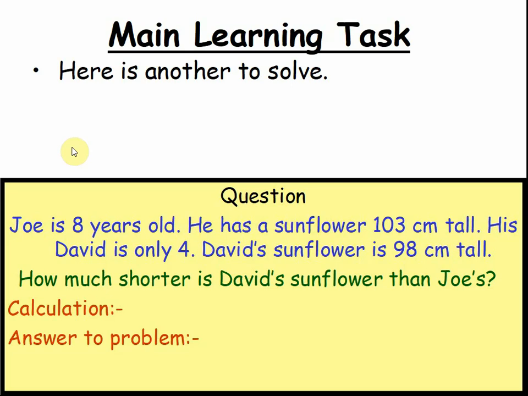He has a sunflower, 103 centimetres tall. His brother David is only 4. David's sunflower is 98 centimetres tall. How much shorter is David's sunflower than Joe's?